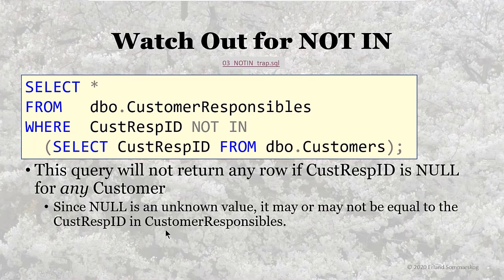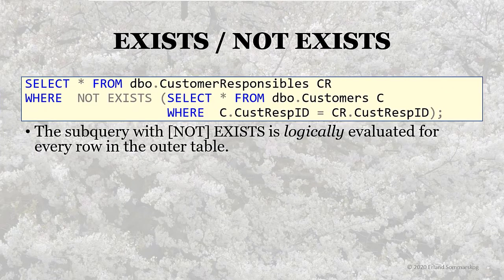So to summarize what I've talked about, if you run this type of query with not in, and this subquery returns a single null value, you will not get any rows back, because that null value may or may not be equal to the value you're comparing it to. That's how SQL looks at things. Instead, use exists.